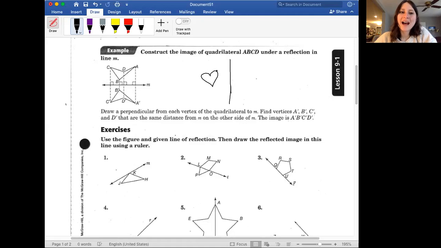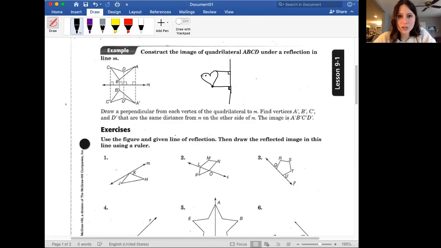How we figure out how to draw a reflection is that every point is the same distance from that mirror. To calculate distance, we can draw a perpendicular line from that point to the mirror, or the line of reflection.